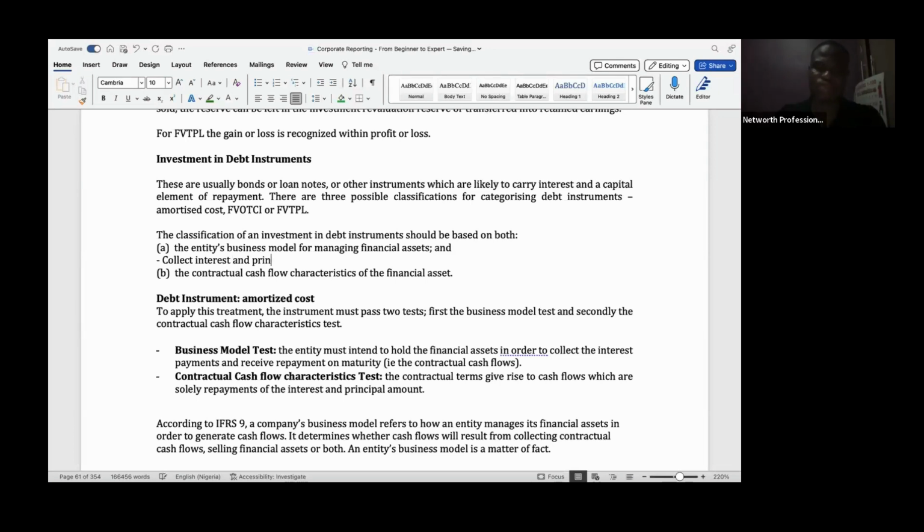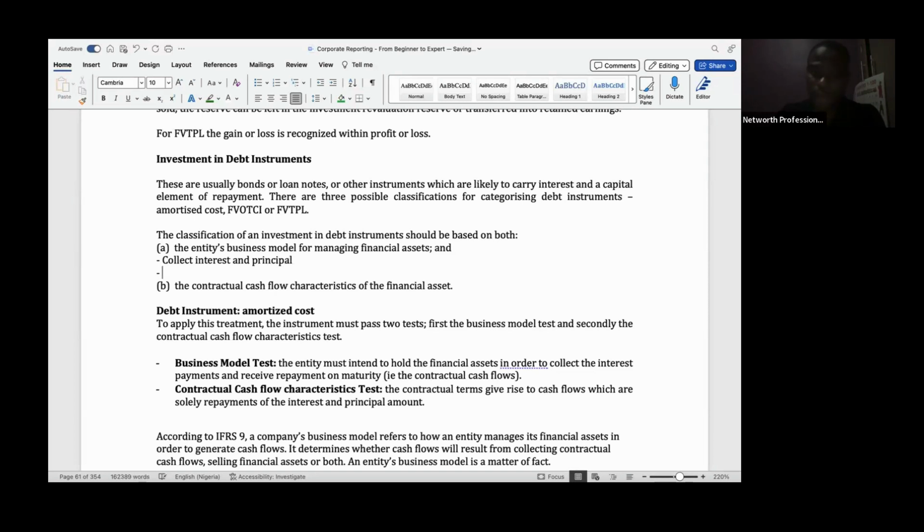It is constant when you lend people money, to collect interest and principal, right? That's one. Or in addition to collecting interest and principal, you sell the financial asset. So business model is either of these two.